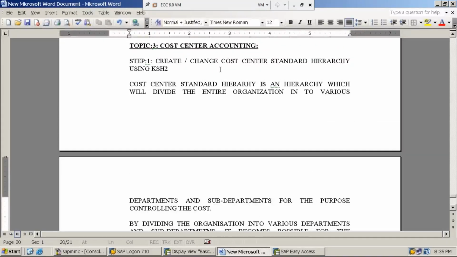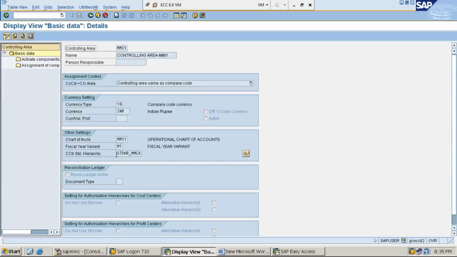Why I have used the term change means, whatever we are doing in step number 1, we are not creating the standard hierarchy newly. Already we have created the standard hierarchy. Now to the created standard hierarchy, we are doing some changes. When we created the standard hierarchy while setting up the controlling area, see here, STDHR underscore MMCA, naming has already been done.